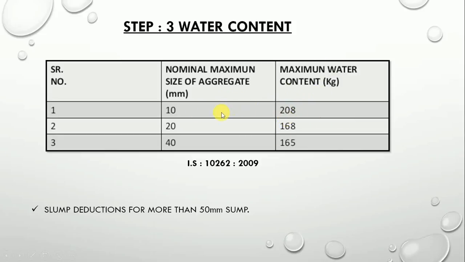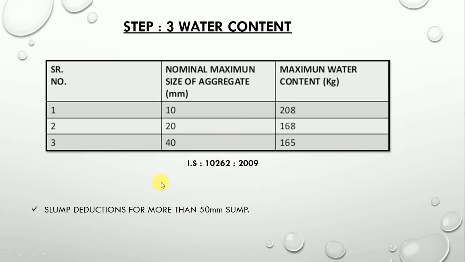For 10 mm aggregate it is 208 kg of water. For 20 mm it is 168, and for 40 mm it is 165 kg. These are the maximum water contents for different sizes of aggregates.